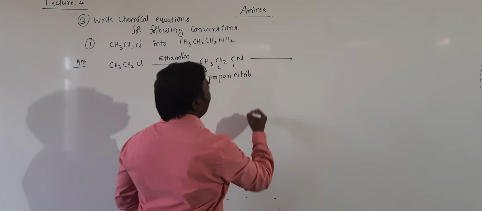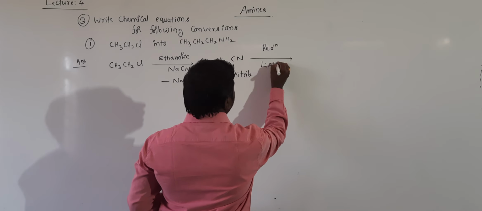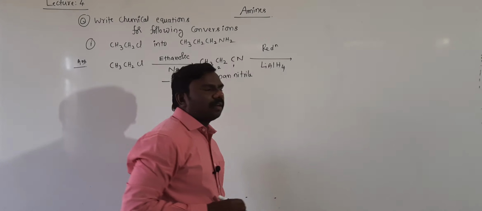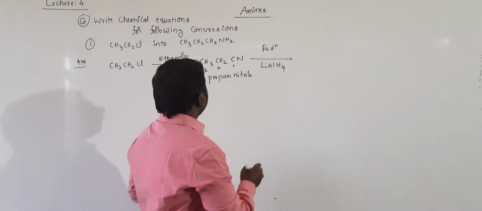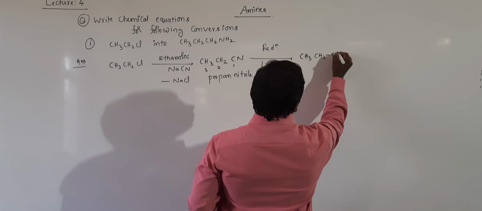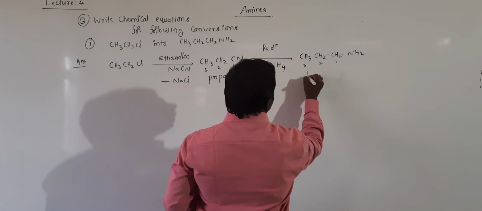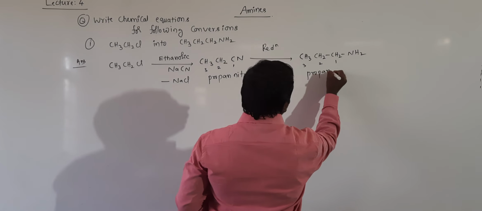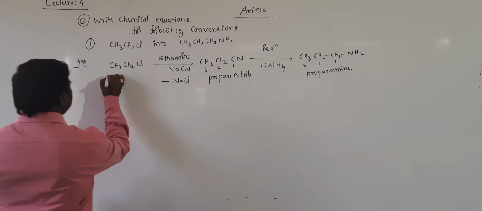Then on reduction with LiAlH4, otherwise hydrogenation in presence of catalyst, it gives rise to CH3CH2CH2NH2, propanamine.